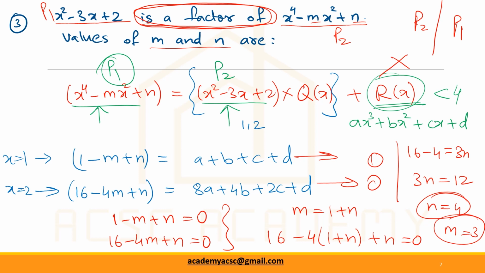There was actually no necessity of generalizing this remainder and writing it as a cubic equation and then substituting. We should have understood by the language itself that if it is saying a factor, then no remainder should be left out. Then proceeding in the same way, we can find out the values of m and n as 3 and 4 respectively. So this is how this particular problem could be solved.